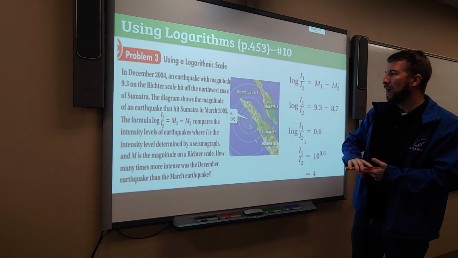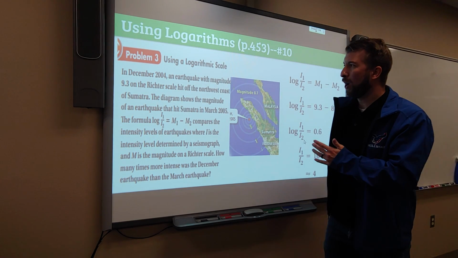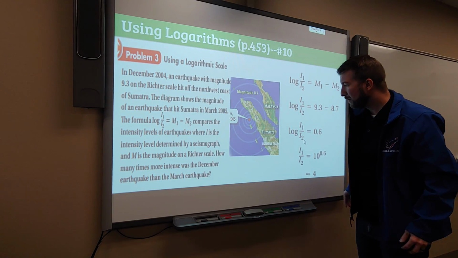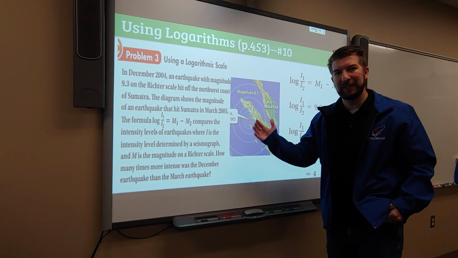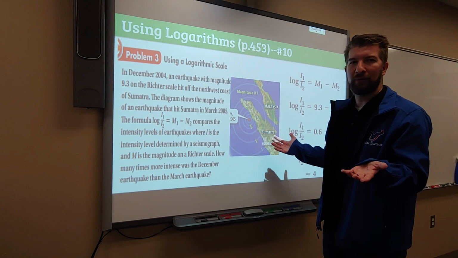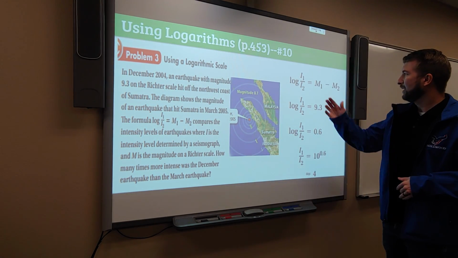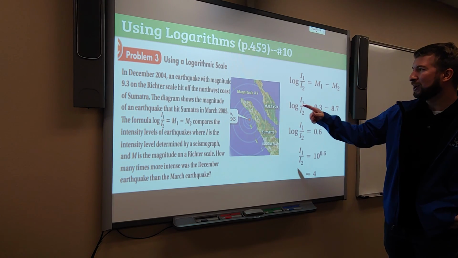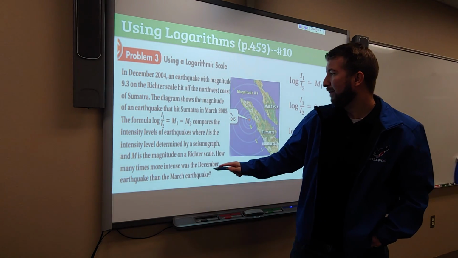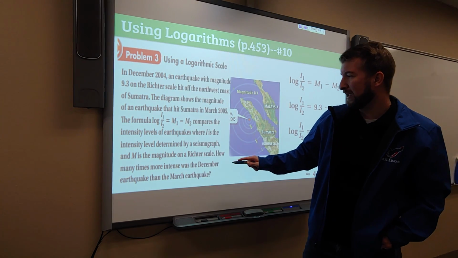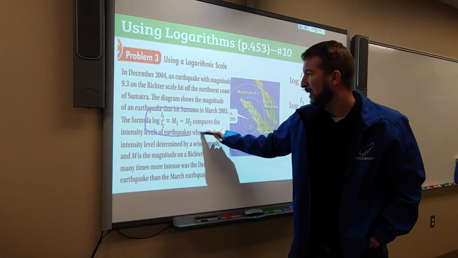All right. So they give us a word problem looking at earthquake magnitude. So this is kind of like a practical application of logarithmic scales. And on this one, it gives us 2 different values for some earthquakes, and then it gives us this formula.